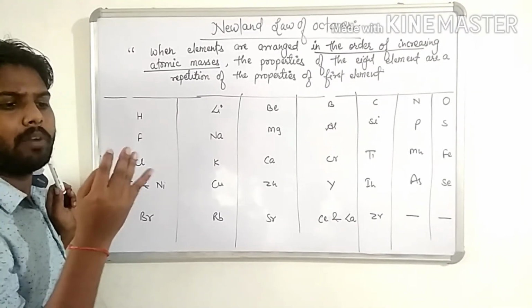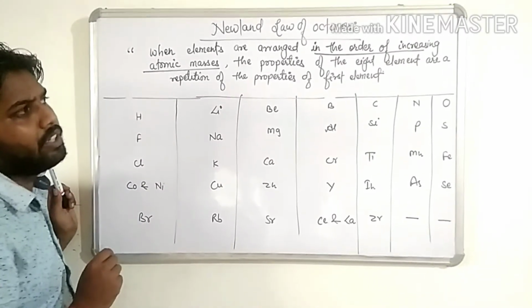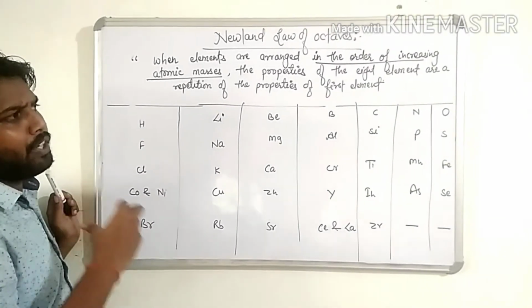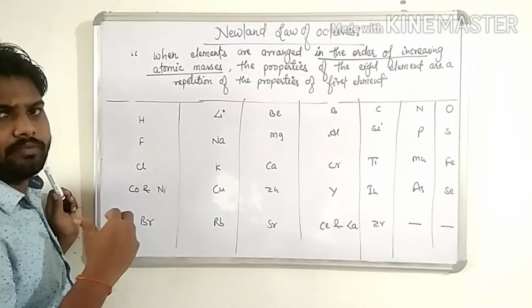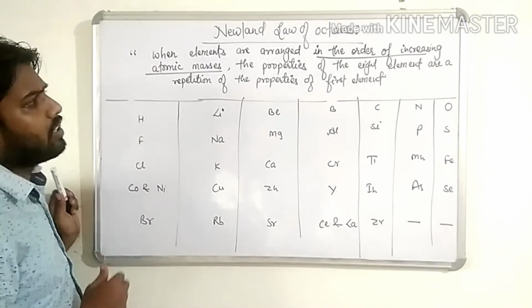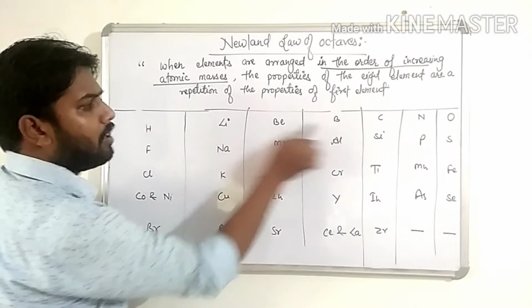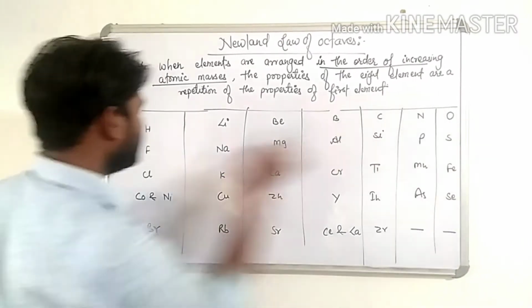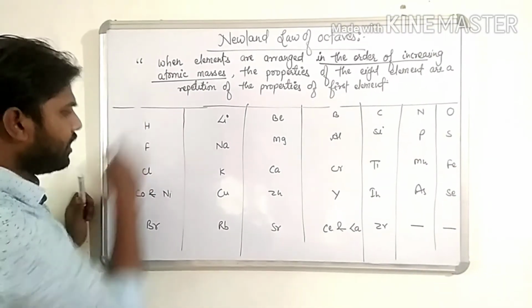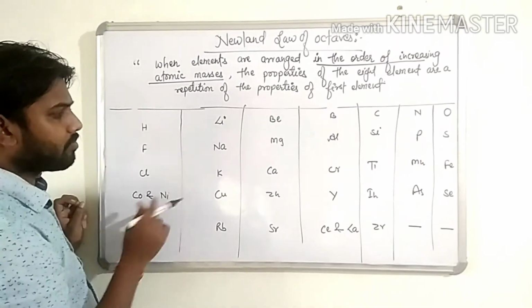Sa re ga ma pa dha ni sa. It means the property of the 8th element is similar to that of the first element. Clear? So children, both have similar properties.